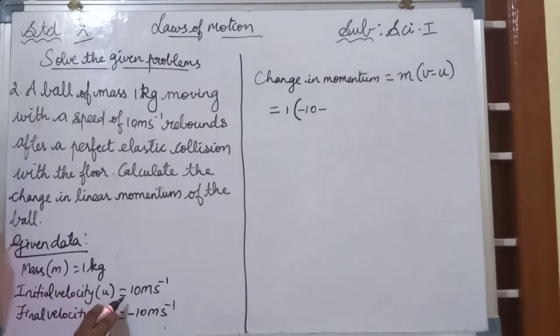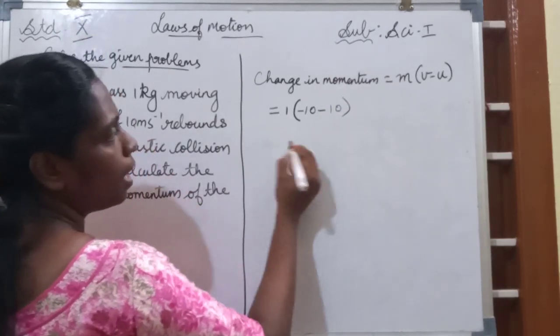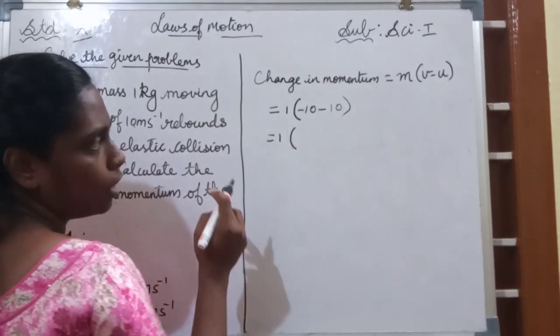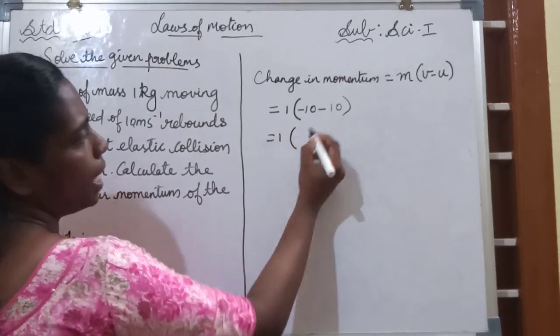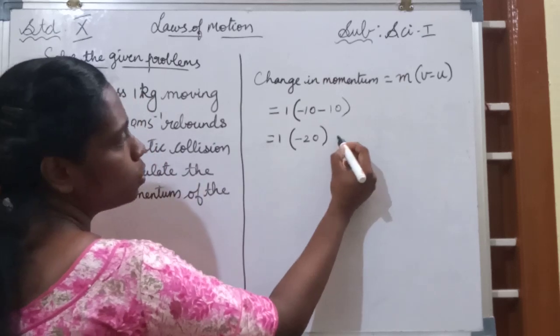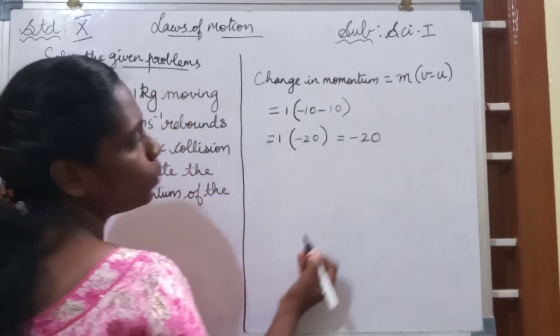So what is the value for u? 10. So 1 into (minus 10 minus 10). You all know in mathematics minus 10 and minus 10 will become minus 20. So 1 into minus 20 is minus 20.